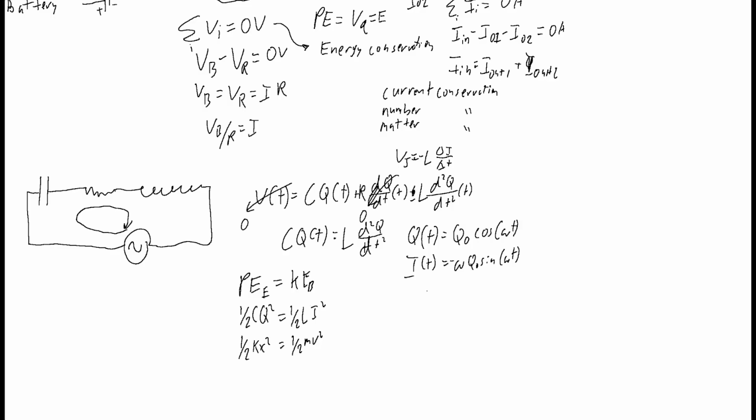And so we could find the omega, the angular frequency that makes this really happy, and we find that to be omega equal to 1 over the square root of LC, like so. So this circuit, without the resistor and without the source here, will naturally resonate with this angular frequency.